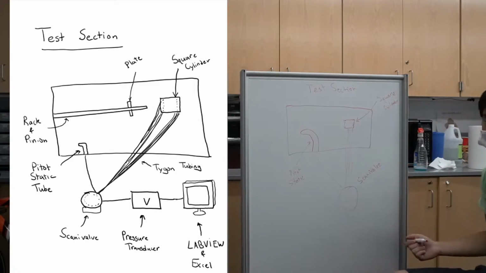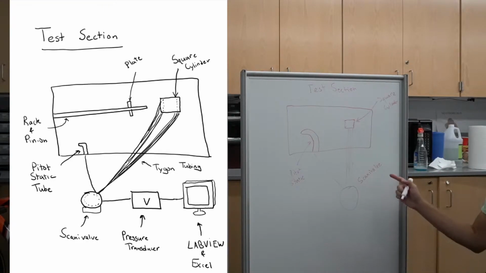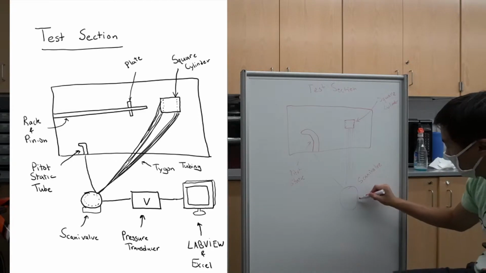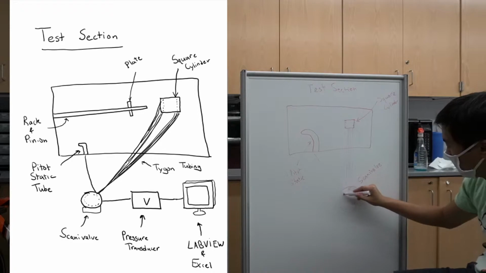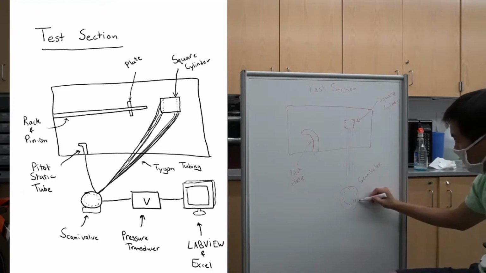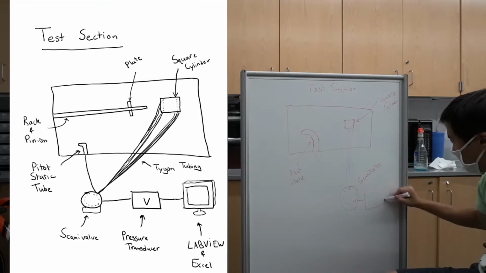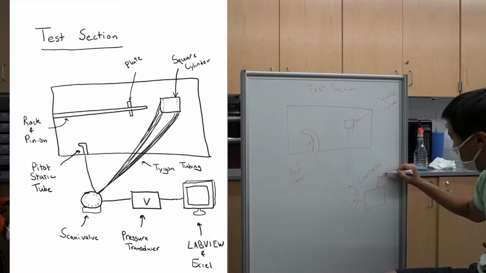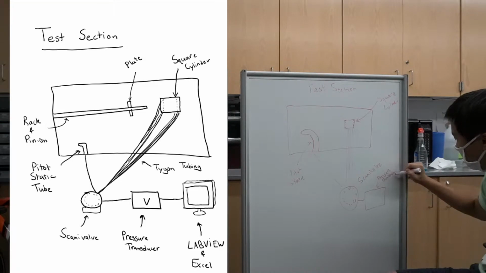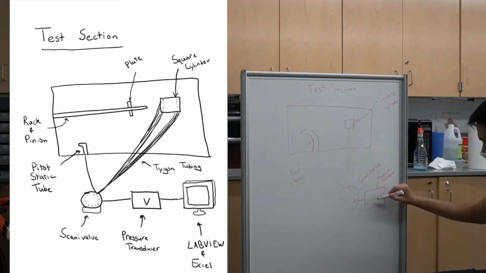All our Scanivalve does is sample different Tygon tubing locations. It went from 1 to 20 and sampled different locations. Whichever location was sampling was sent to our pressure transducer, which measured our pressure in volts.